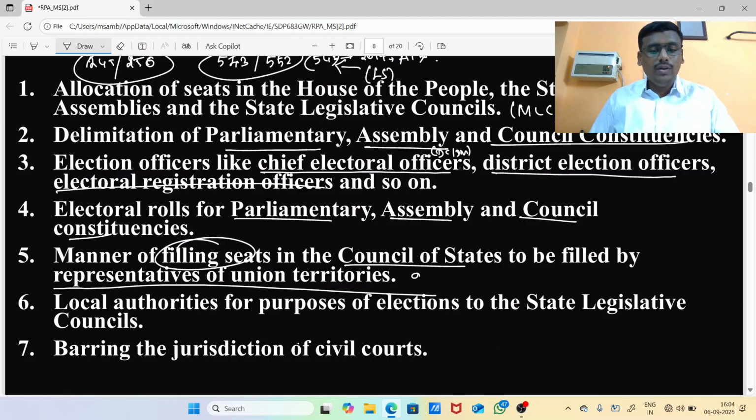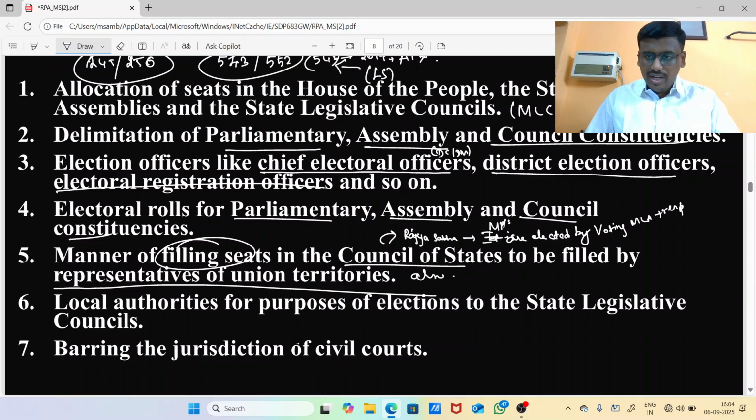The manner of filling seats in the Council of States is also to include representatives of union territories. The Council of States, which is the Rajya Sabha, is elected by the voting of MLAs in their respective states.